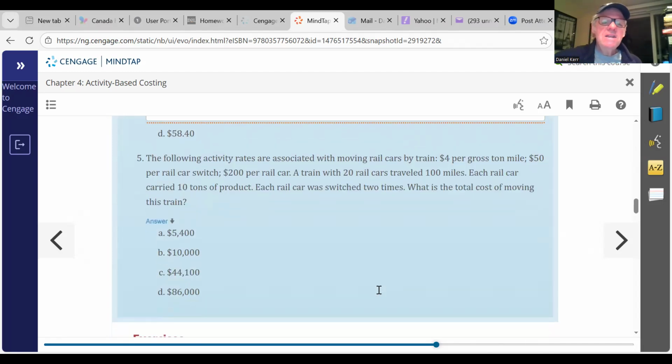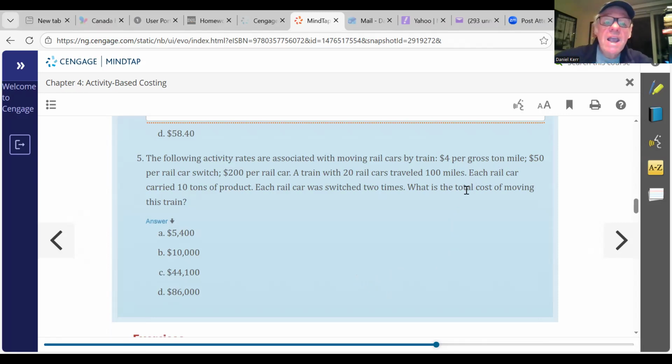Okay. This next one can be pretty confusing at first, but if you focus on the right things, it's not so confusing. So we've got the following activities associated with moving cars by rail. We've got a charge of $4 per gross ton. So that's one rate, $4 per ton. You have to figure out how much weight we're going to have if the charge is $4 per ton.